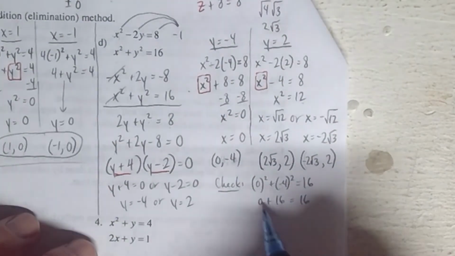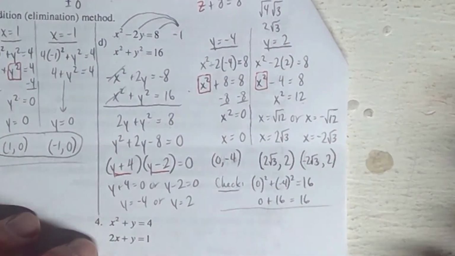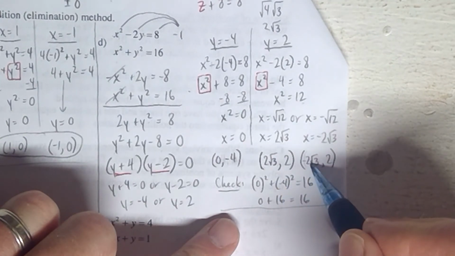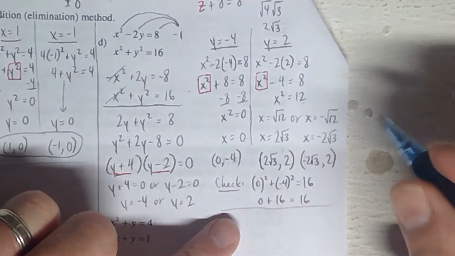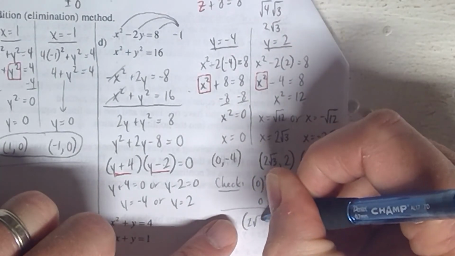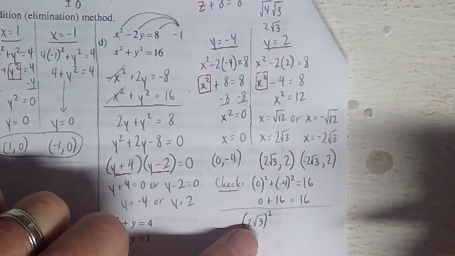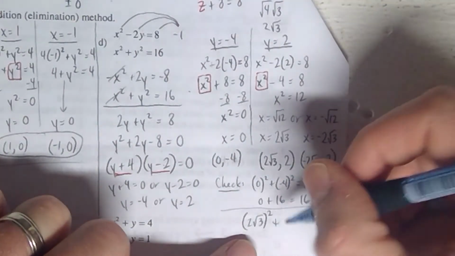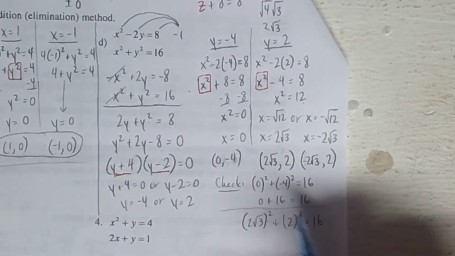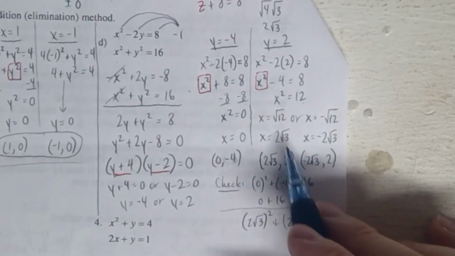And then on the other ones, it doesn't matter if it's 2 square root of 3 or negative 2 square root of 3. No matter which one of those you plug in, it's going to be the same. Let me just plug in the positive one first, and then I'll talk about that more. Remember, 2 square root of 3 is the same thing as square root of 12.